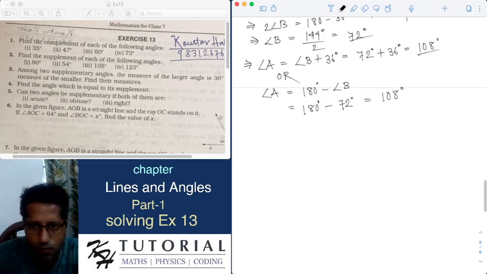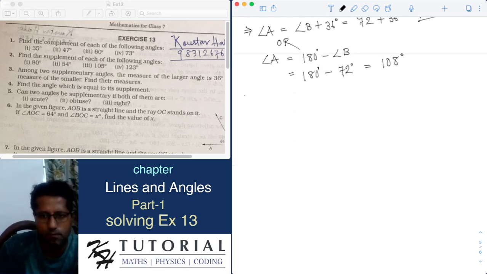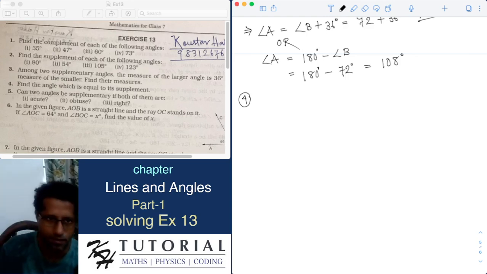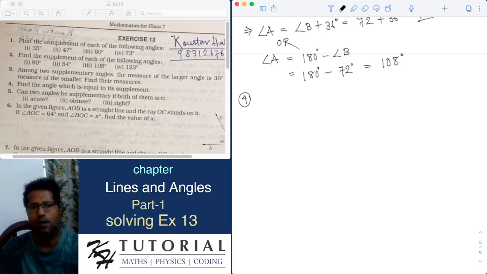Let's do problem number 4. It says, find the angle which is equal to its supplement, meaning the angle is a supplement to itself.